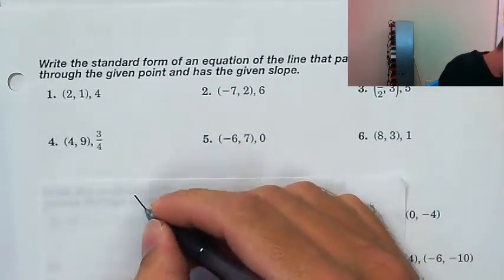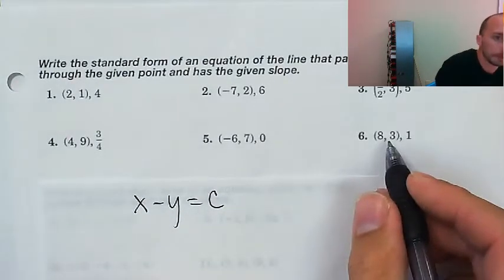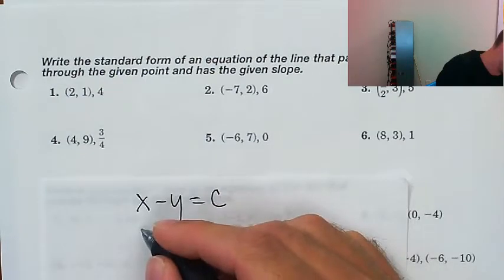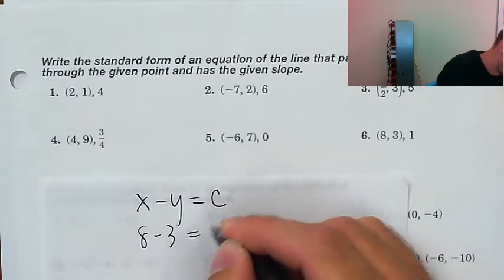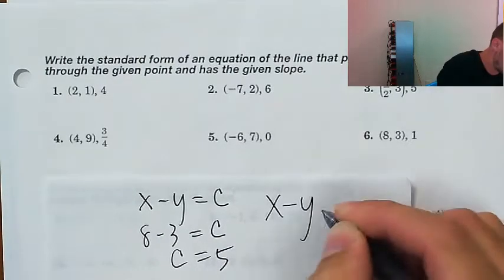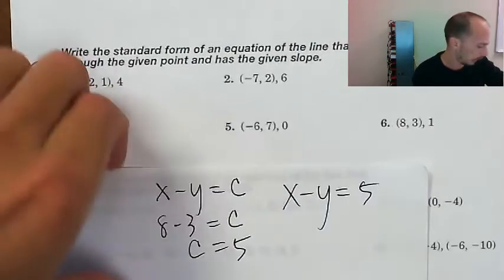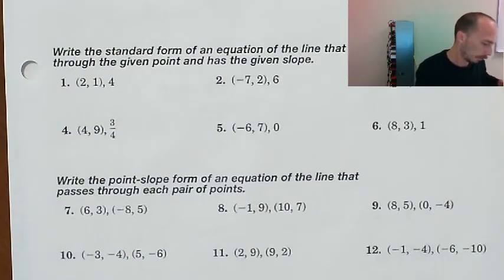All right, so 1x minus y equals c. Okay, I'm using x equals 8 and y equals 3. So 8 minus 3, that's equal to c. C is 5, so this is x minus y equals 5. Okay, yeah, that works.